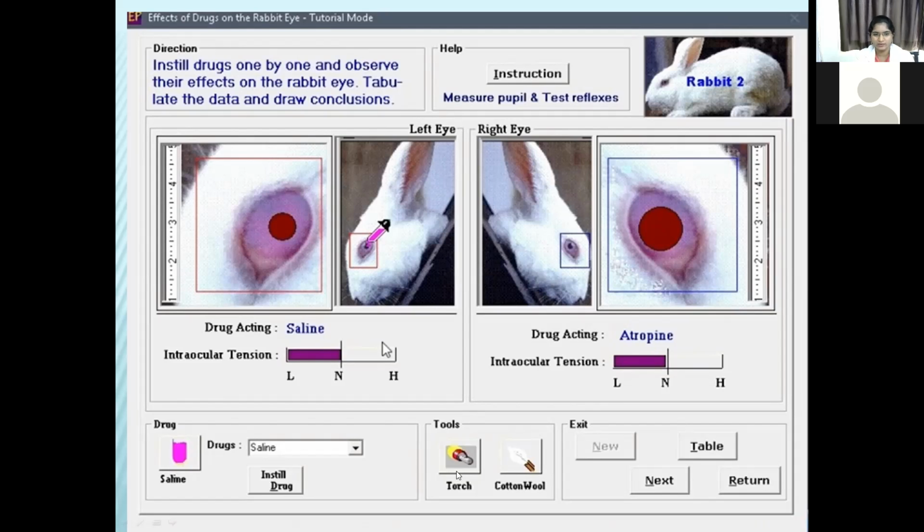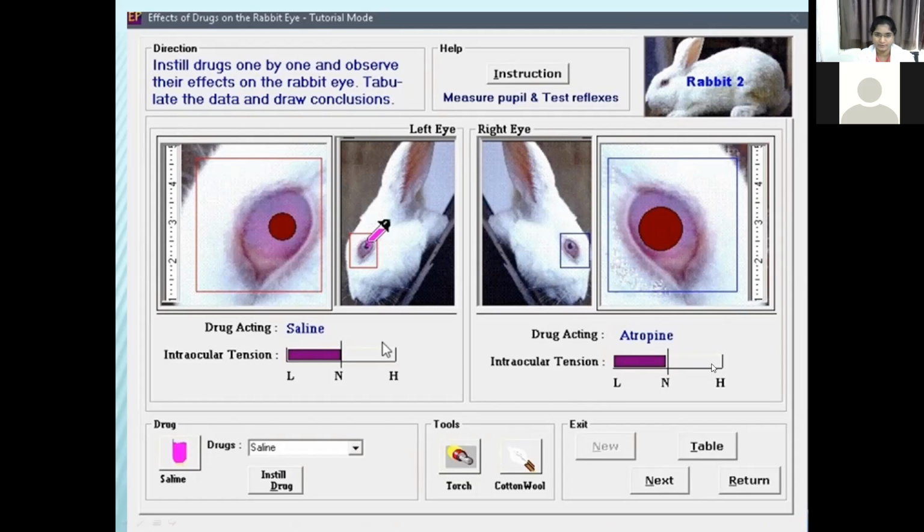Then afterwards you will check light reflex by using the torch. Drag this torch to the rabbit eye from the back side. Generally light constricts the pupil and causes miosis, but here the M3 receptors are blocked, so atropine does not show any light reflex.